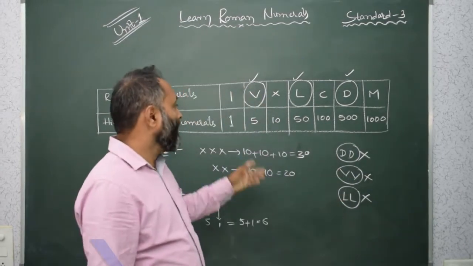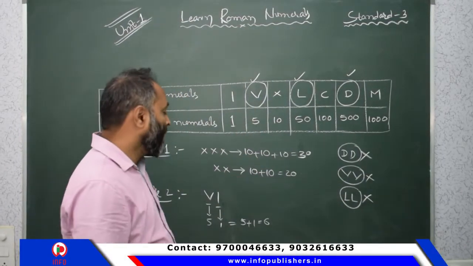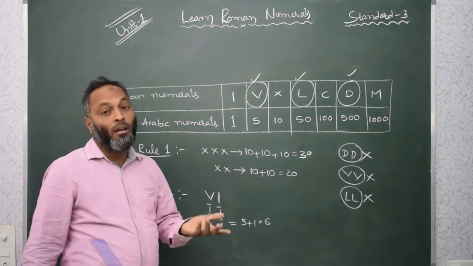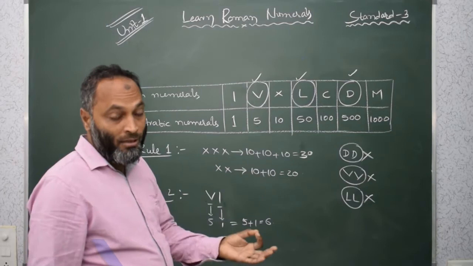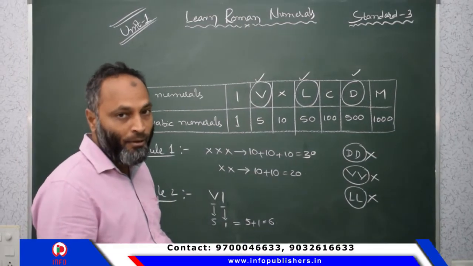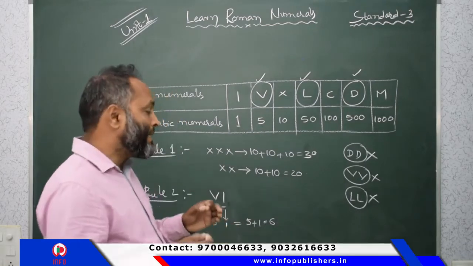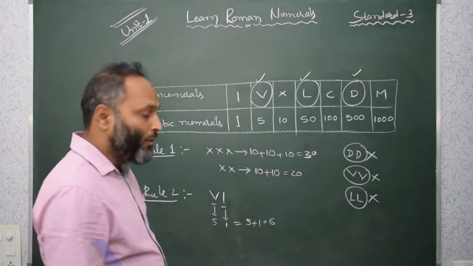Other than this, other Roman numerals will repeat. Then the second rule, if the smaller Roman numeral is after, on the right side of the bigger Roman numeral, then we have to add. This is the second rule.